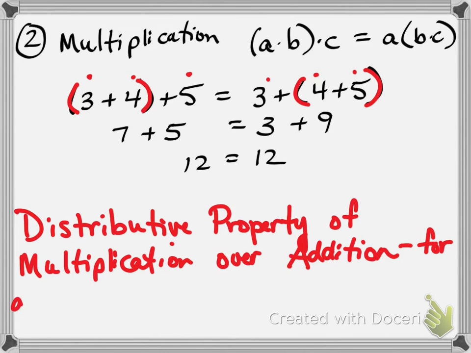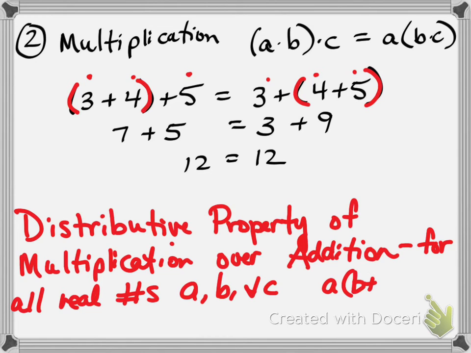For all real numbers A, B, and C, A times (B plus C) equals AB plus AC. And we've done that forever. When you first learned it, you drew your little arrows to show I'm going to multiply by both.